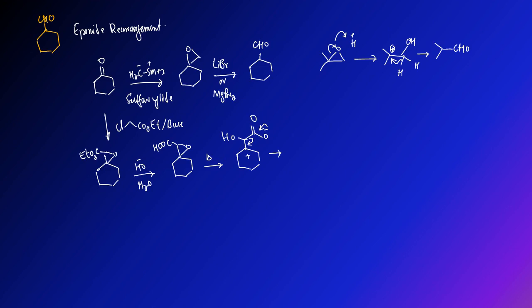And we get a system like this, and this system is ultimately rearranged like this for getting the starting material. So this is how we can obtain the target molecule.